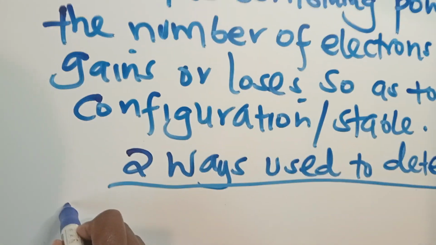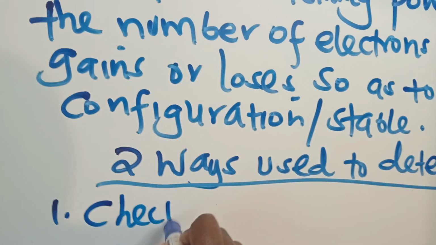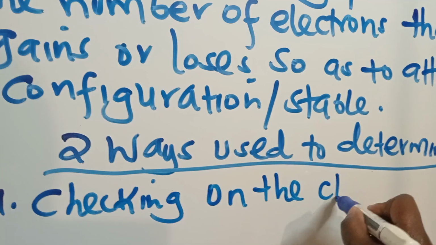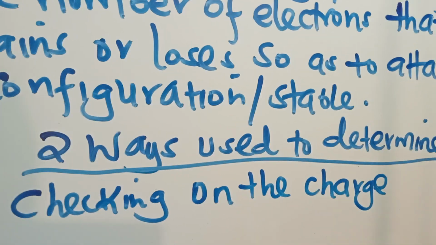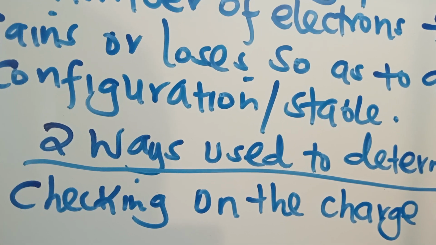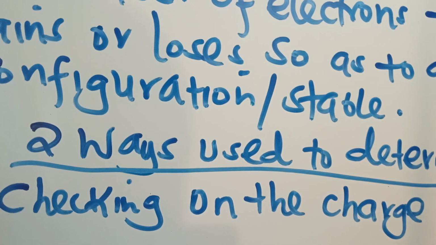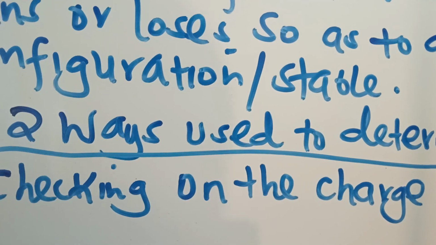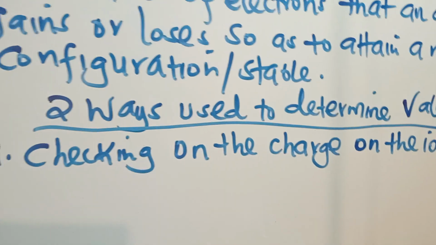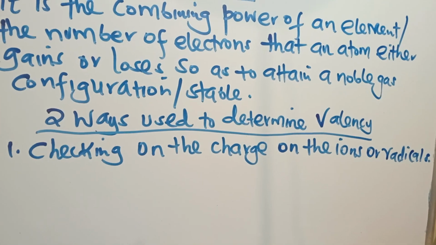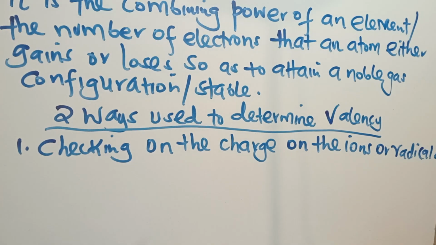So one of the ways is by checking on the charge on the ions or the charge on the radicals.